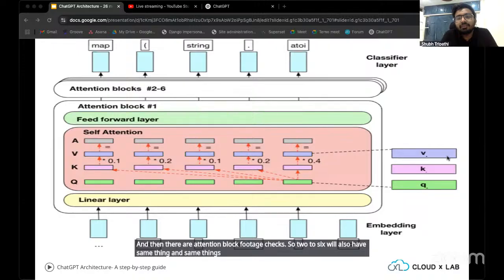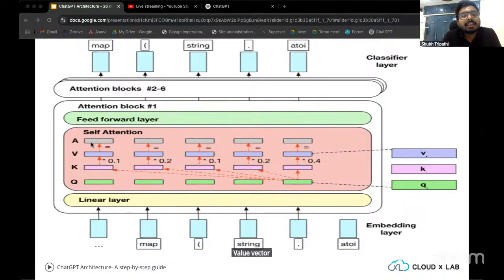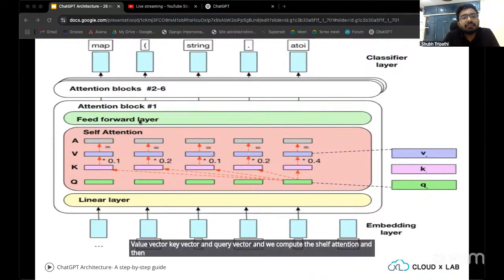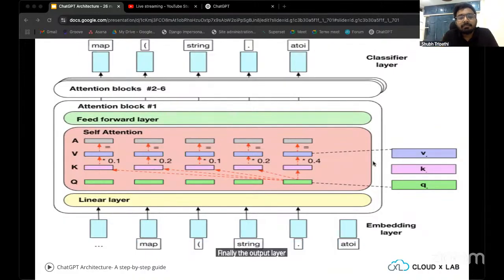We have value vector, key vector, and query vector, and we compute the self attention, and then we pass it to the feed forward layer. Each step refines the contextual understanding, helping the model predict the next word. Finally, the output layer generates text by sampling from predicted probabilities.